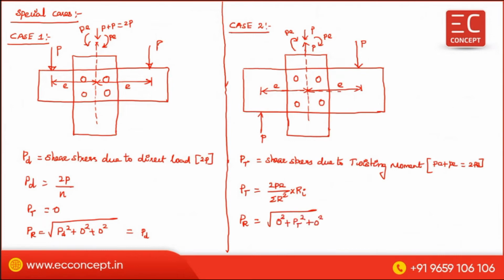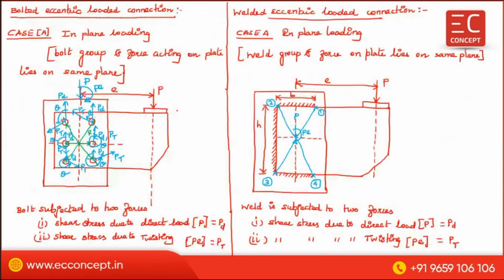So PR is equal to PT. So these two are the special cases. With that, we have seen the in-plane loading cases. Now we move on to the out-of-plane loading cases.